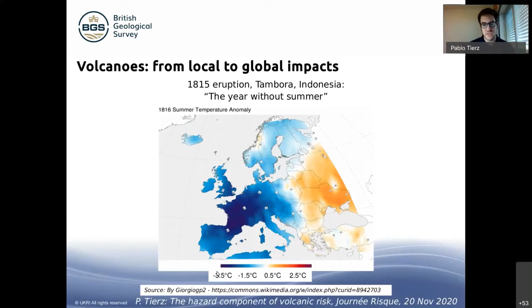And here in this map, we see the negative anomaly in temperature across Europe, especially in France, related to the presence of a large amount of volcanic particles in the atmosphere, which increased the albedo effect, so the amount of sunlight that was reflected back to the atmosphere, causing this cooling effect on the Earth's surface.